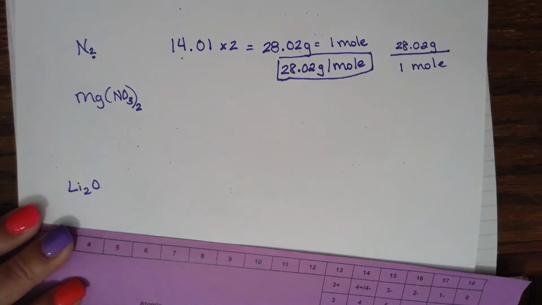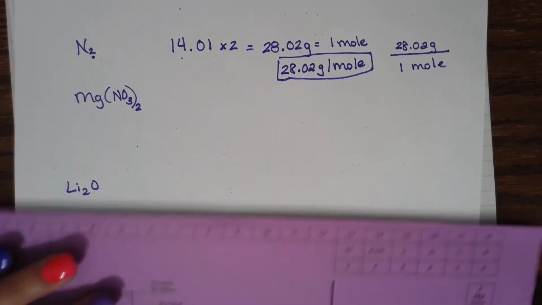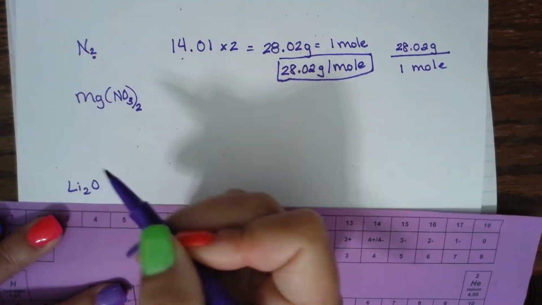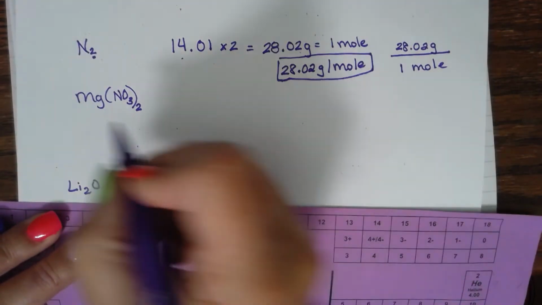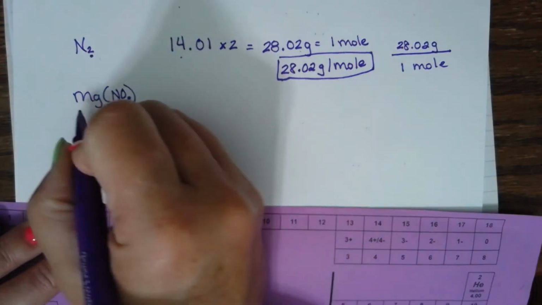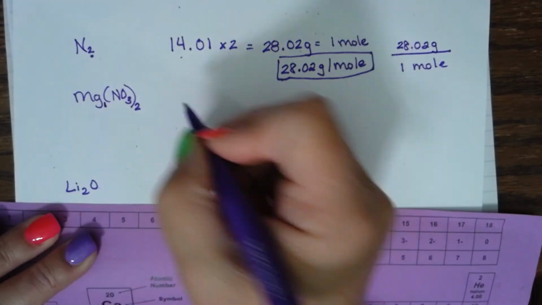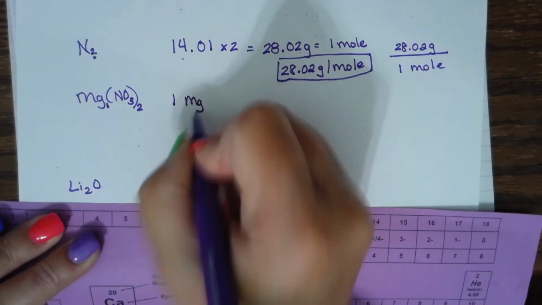There we go. So the next one is a little bit more challenging, because we've got our compound and there are parentheses here, and we have to remember what that means. To start, let's count our atoms. Since there's no subscript directly after the magnesium, remember we assume that we have 1 magnesium.